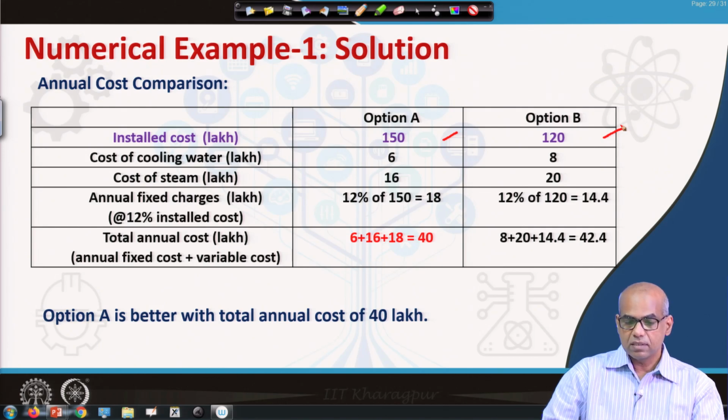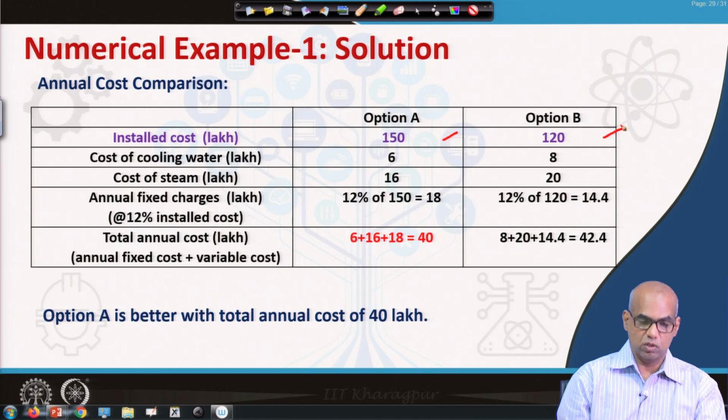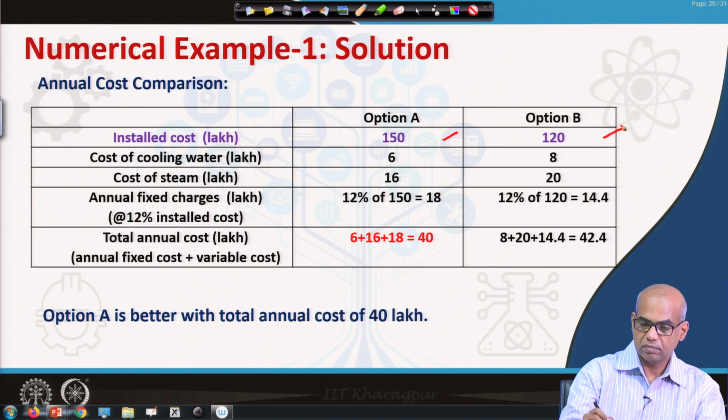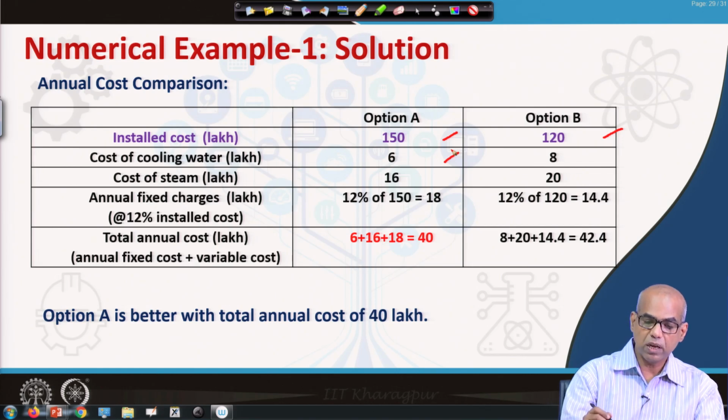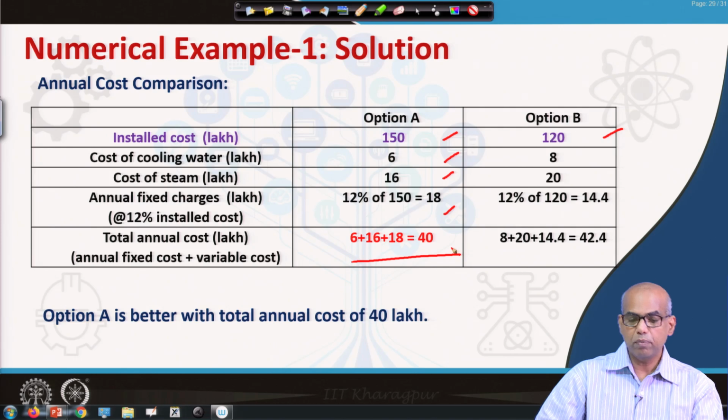So, let us add up the annual cost. Cost of cooling water 6 lakh for option A, cost of steam 16 lakh per year for option A, and annual fixed cost which is 12% of the installed cost, this will become 18 lakhs for option A. If you add up, it will be 40 lakhs.